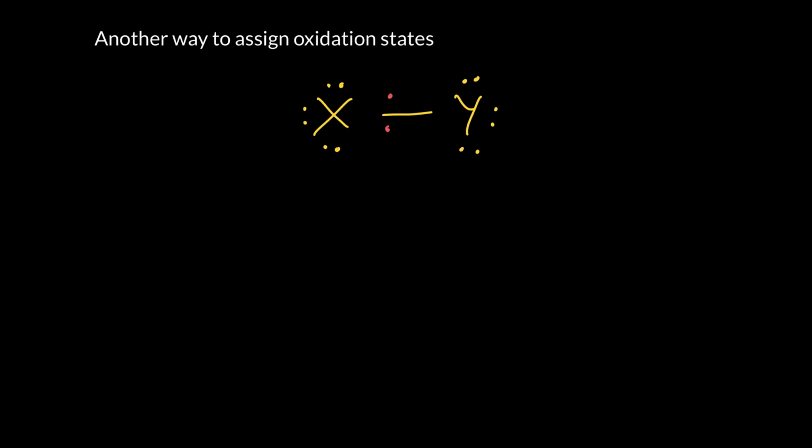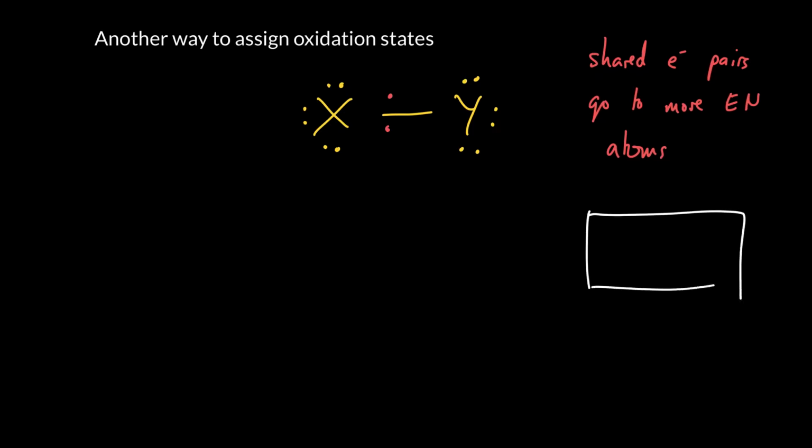So for instance, the electron pairs that are shared are assigned to the more electronegative atoms. And remember, your more electronegative atoms tend to lie in the top right corner of your periodic table. So you've got fluorine all the way up here. So typically as you go to the right and you go to the top, atoms get more electronegative.